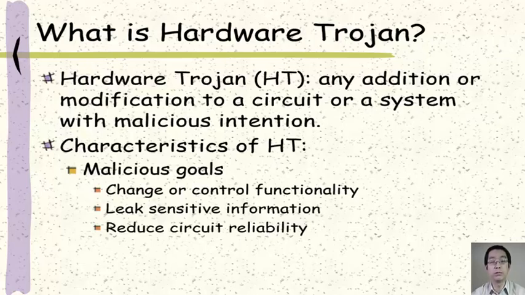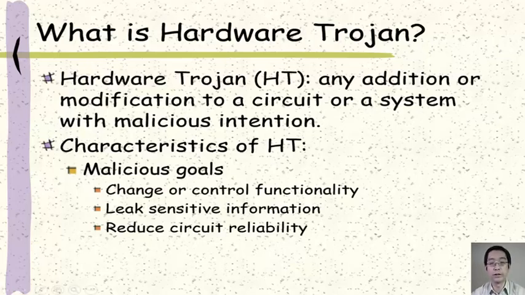The most common malicious goals include trying to change the circuit's functionality, trying to control the system, or trying to steal sensitive information such as a secret key from the system. Also, some hardware Trojans try to reduce the circuit's reliability, and by doing this, a system will start malfunctioning before its lifetime expires.